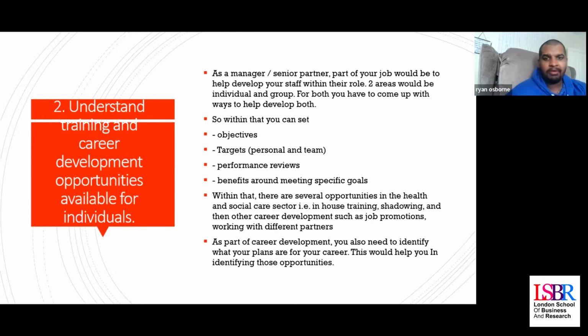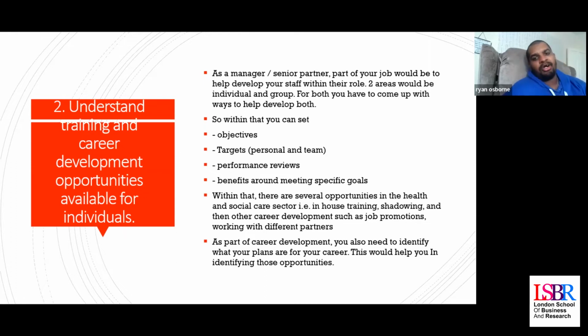If we look at each one, we'll break them down quickly. Objectives are very key, because when you meet with your staff one-to-one, you can set them objectives. These are things that they have to meet. In your particular job, what is it you want to be doing? And then you look at what you want the outcome to be as well.